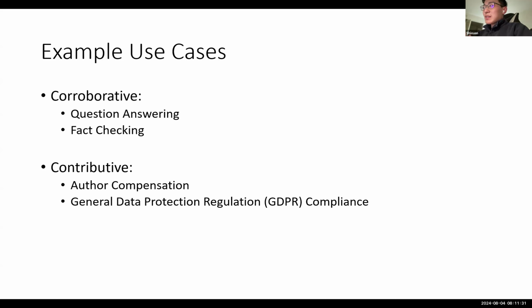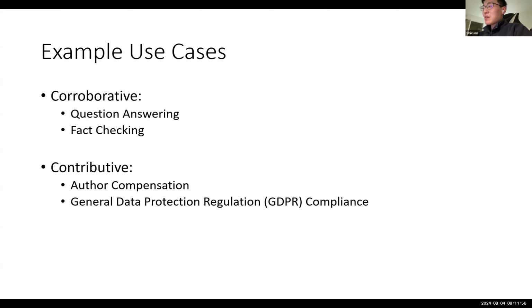Another thing is about privacy. There is a compliance called the GDPR, the General Data Protection Regulation. Sometimes we don't want to see more data. Instead, we want to get rid of the effects of some data. We want to unlearn them. But it is very, very challenging.